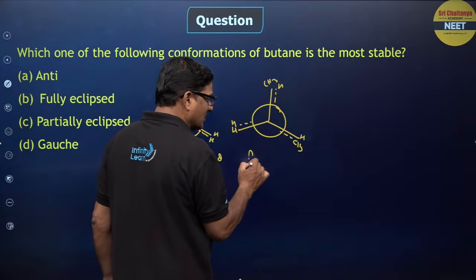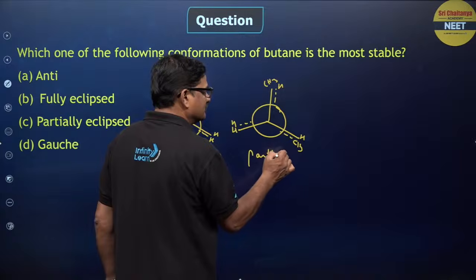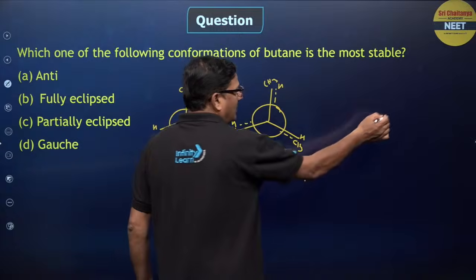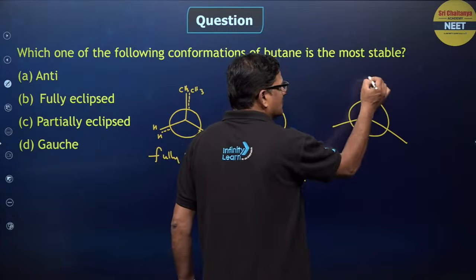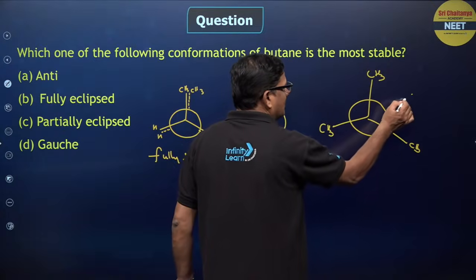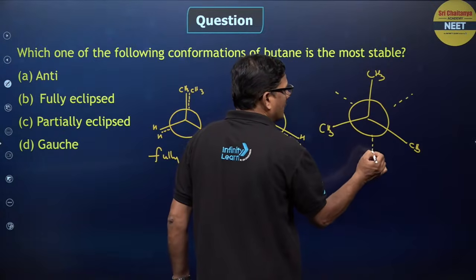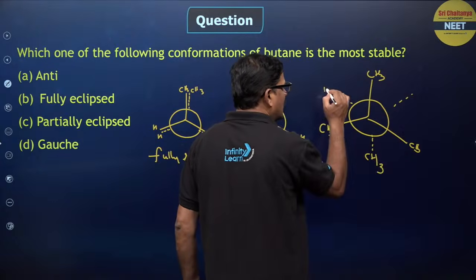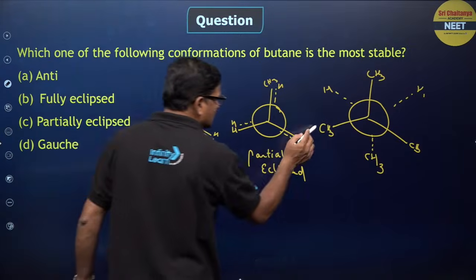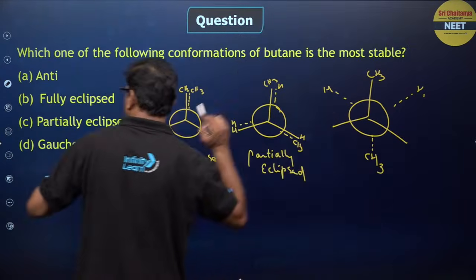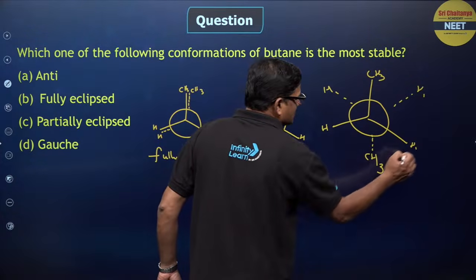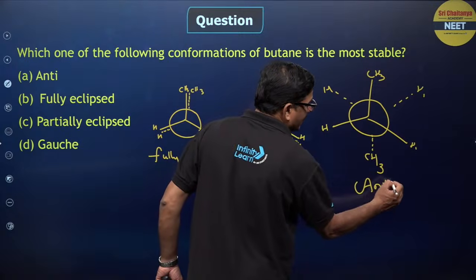And here there is one CH3 and CH3, and this one has CH3, hydrogen, hydrogen, and only hydrogen here. Hydrogen and hydrogen, this is what is called anti.